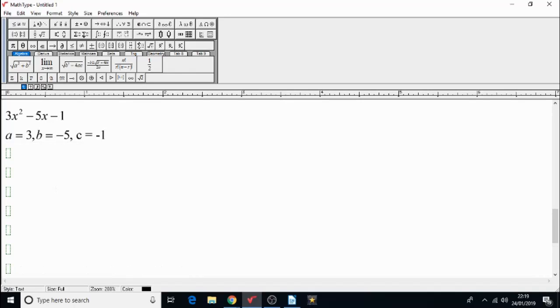So now we've got our a, b, c values. We can work out x using our a, b, c values to put into our quadratic formula. This formula here, we're going to insert our b values and our a values and our c values into this equation.